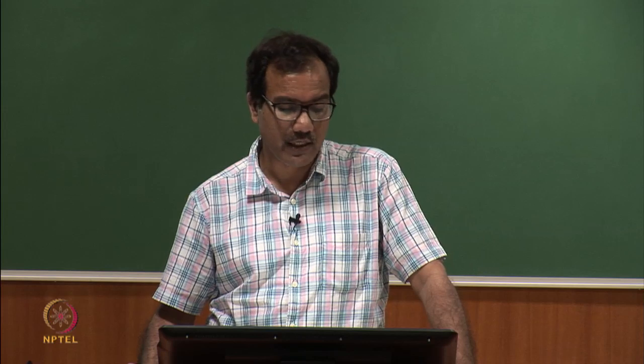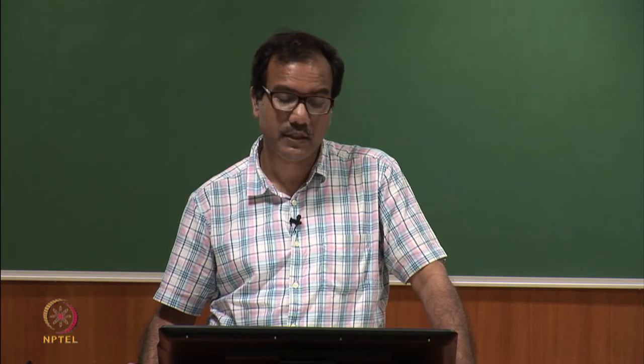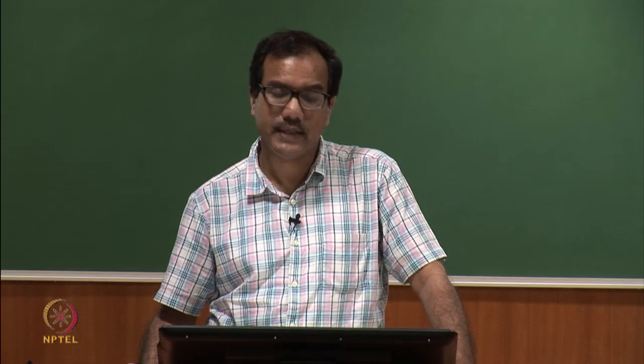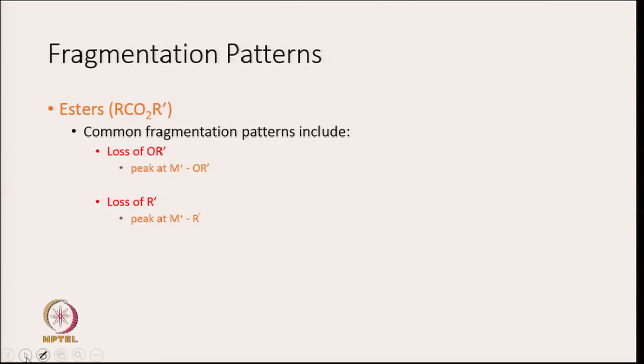Another fragment which can result from an ester is due to loss of the R dash group, and in that case the observed peak will be at the molecular mass minus the mass of the R dash group.